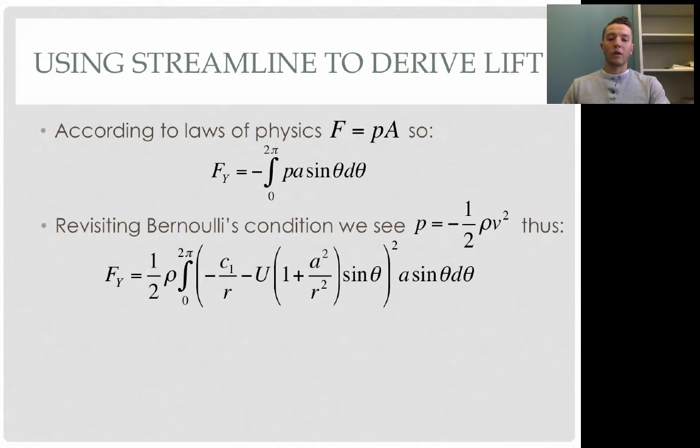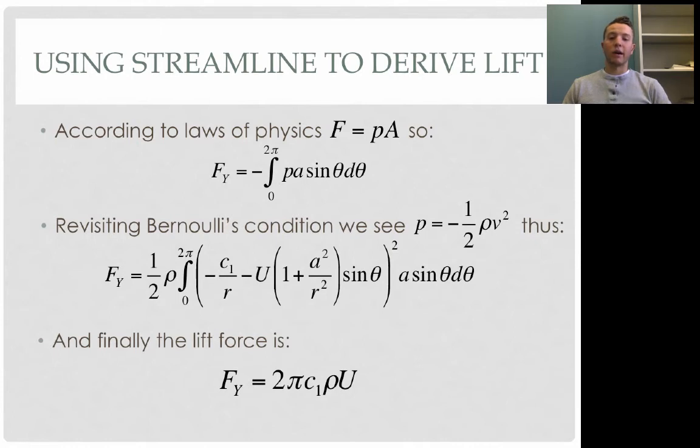And therefore, we see that the lift force, if we take this integral from 0 to 2π, using our equation that we just derived before about our fluid rotating around our cylinder, we can finally find that when we take this integral, the lift force is this force in the positive y direction equaling 2π c1 ρ U. And again, U is that velocity in the positive x direction, and c1, as we discussed before, is a property of our fluid.